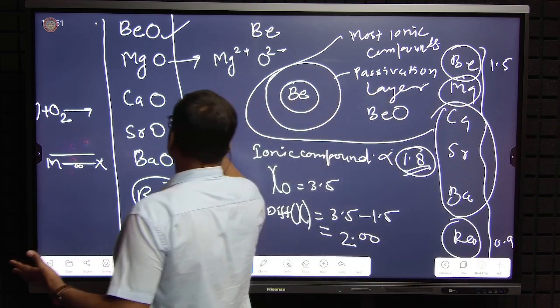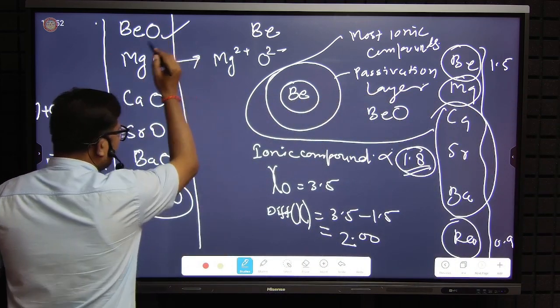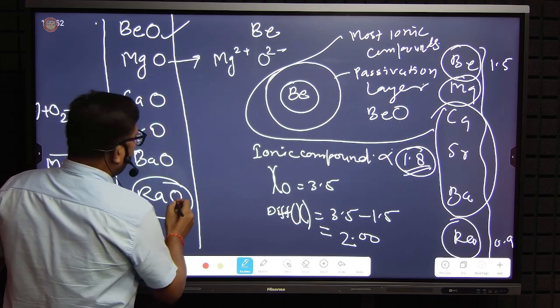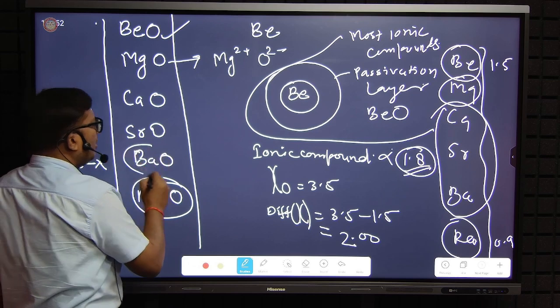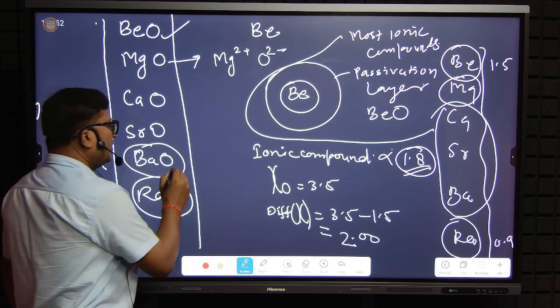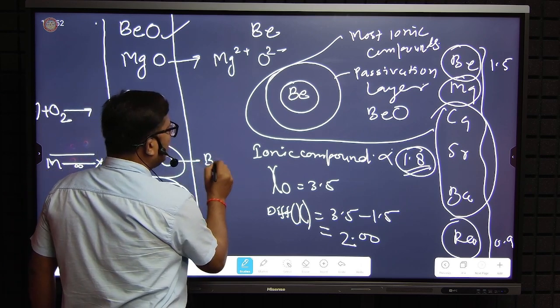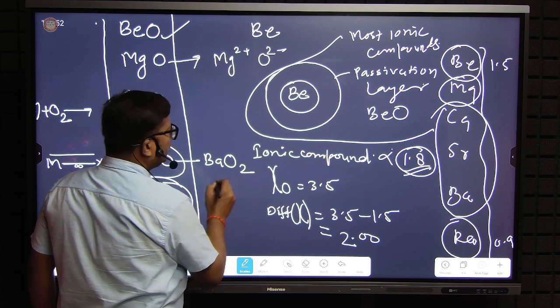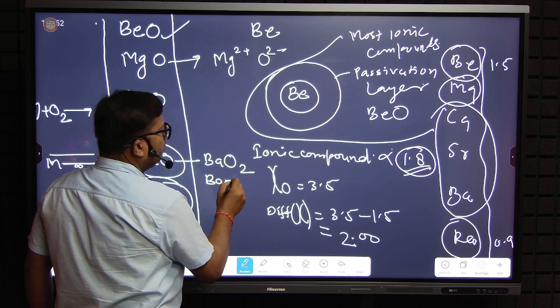So apart from these oxides, barium forms barium peroxide, right? Barium peroxide, so that is BaO2.